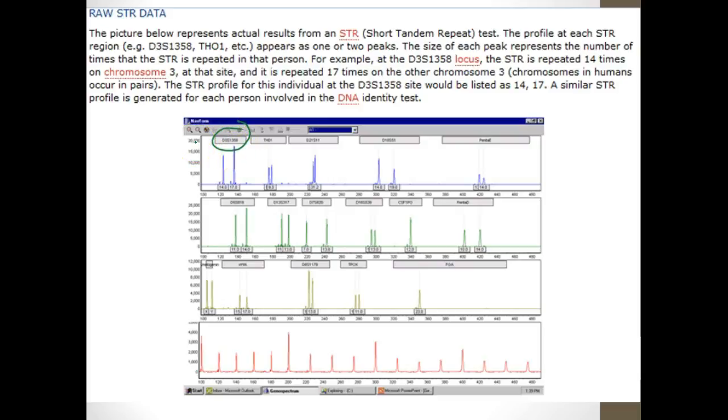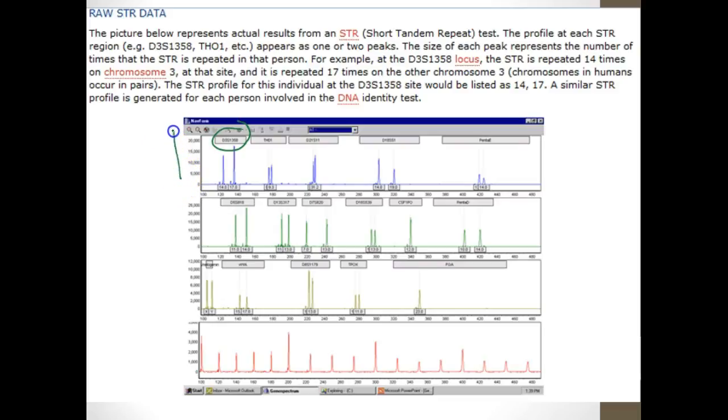I don't know what gene DS36198 codes for. Maybe it codes for eye color. Maybe it codes for the enzyme that helps you digest carbohydrates. I'm not sure.